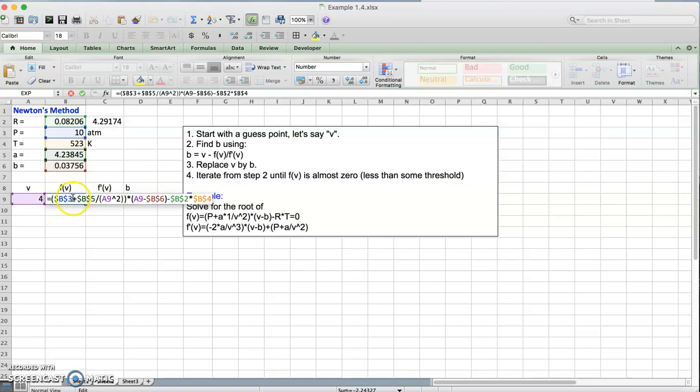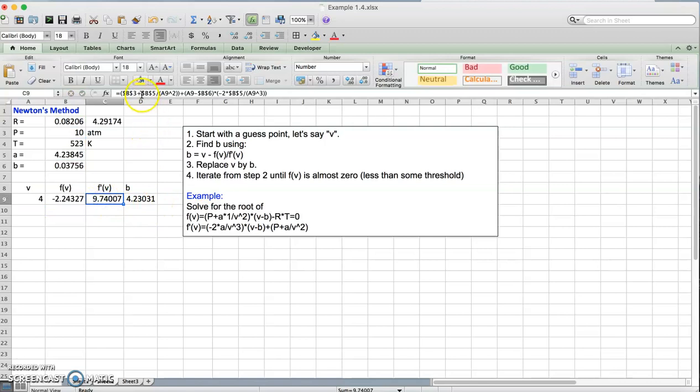So this is P, that's the blue cell, plus A, that's the green cell right here, over V squared, so this is V, purple cell, V squared, and then times V minus B, that is B, the brown cell, and then everything minus R, which is the green cell up here, times T, which is the orange cell. Okay, so this is the left-hand side of this equality, which we call f of v, right? Okay, I'm going to hit enter.